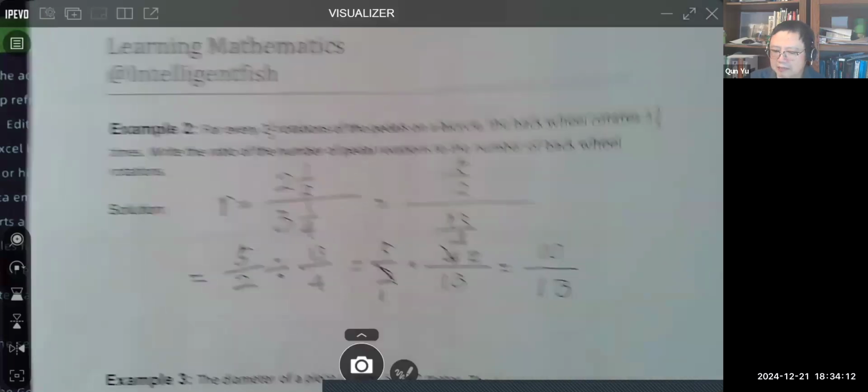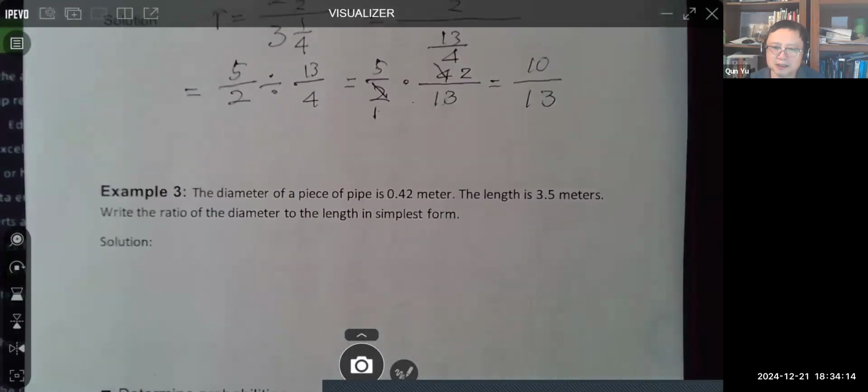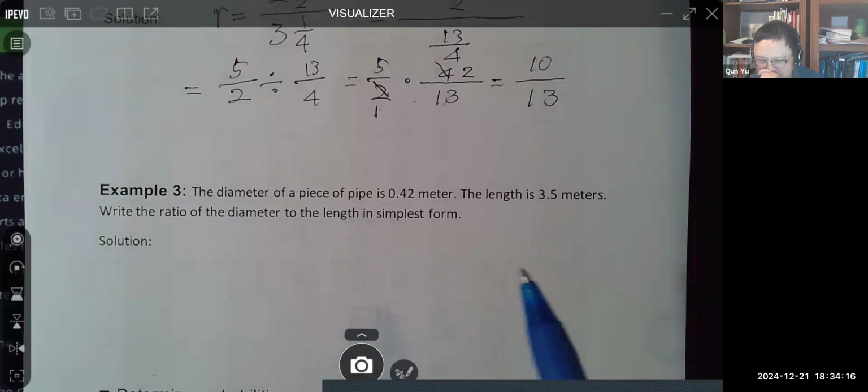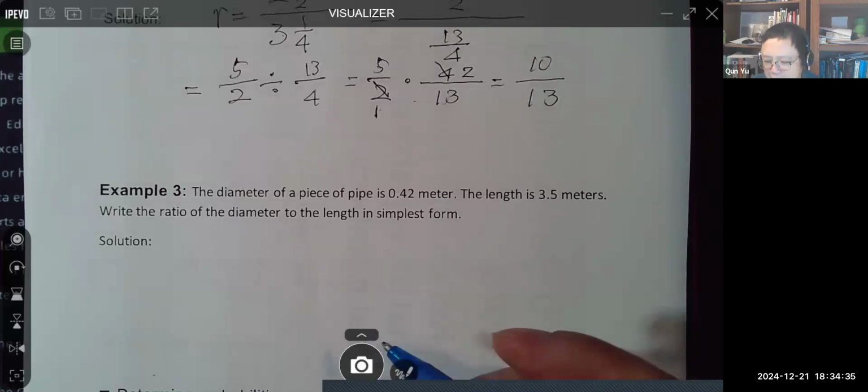Now, next example. This time we have decimals, but other than that, it's pretty much the same kind of problem. The diameter of a piece of pipe is 0.42 meters, and the length is 3.5 meters. Write the ratio of the diameter to the length in simplest form.